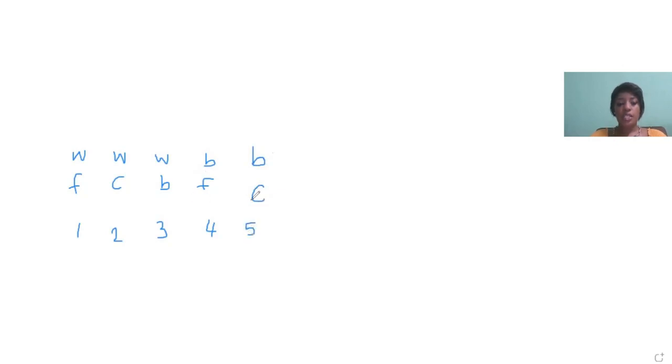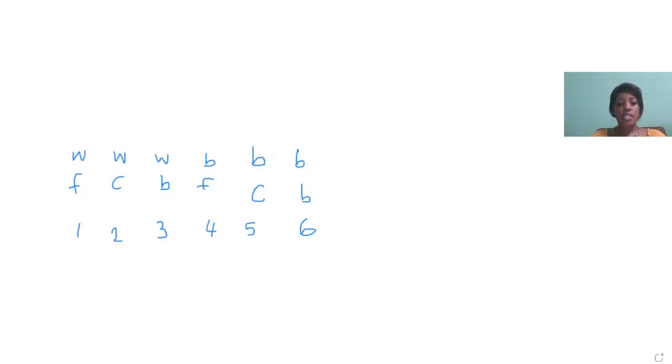I'm using letters instead of the actual words. And I can have a brown bread and a beef sandwich. That's 6 sandwiches, so let me double check. I've used white bread with the 3 different types of meat, and I've also used the brown bread with the 3 different types of meat.